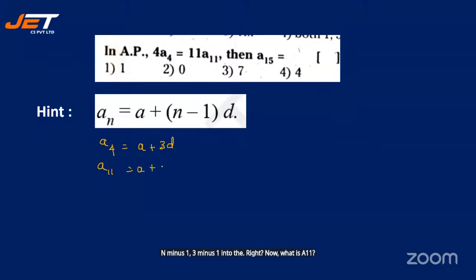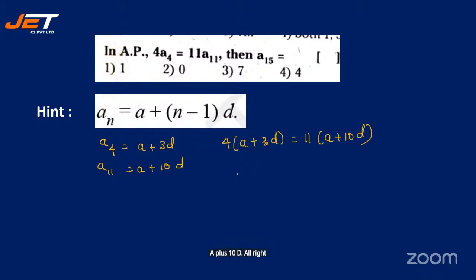A plus (11 minus 1), 10 into D, A plus 10D. All right. So just bring it, 4 into A, 4A plus 12D is equal to 11A plus 110D.